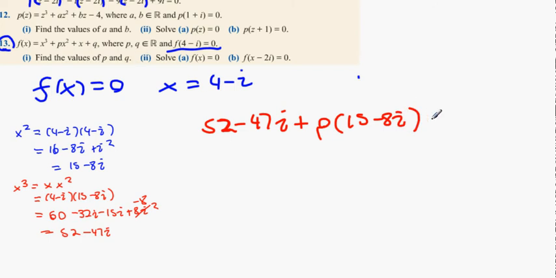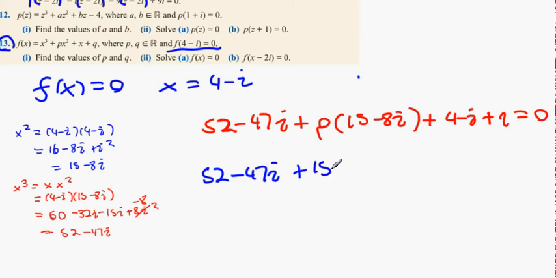And then we're going to have plus x, which is plus 4 minus i, and then we're going to have plus q, and this all equals 0. So what's going to happen next is we're going to have 52 minus 47i plus 15p minus 8pi plus 4 minus i plus q equals 0.